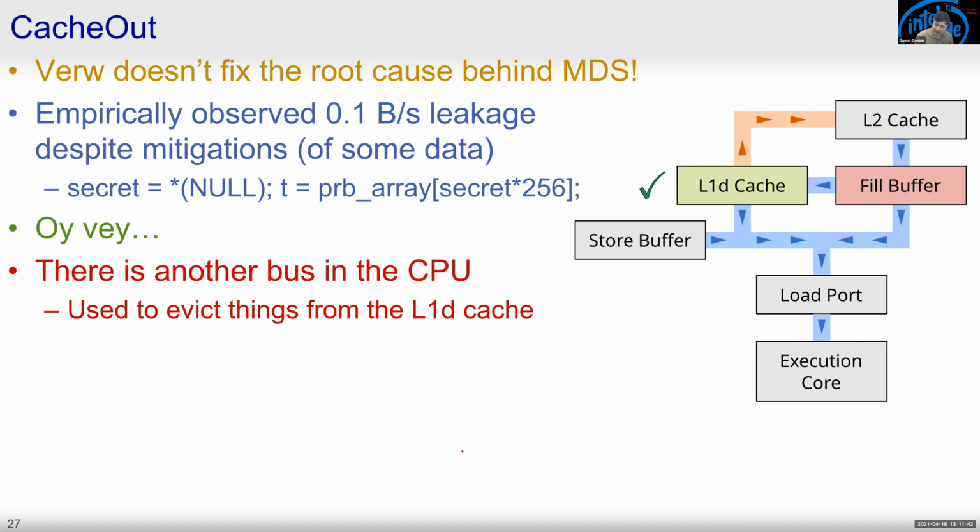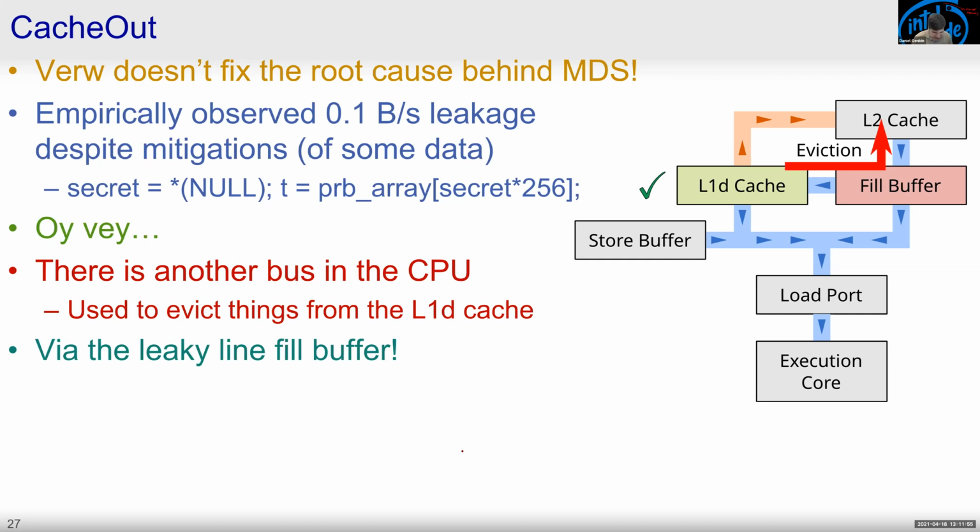In some corner cases, Intel uses the fill buffer as a way to drain the L1D. And this is weird because the fill buffer, as its name suggests, is on the intake side of the hierarchy. Why are we using the pipe used to fill the pool in a way that we are reusing it to drain the pool? It's already weird, but they did. And the fill buffer is also on very, very shaky grounds because we know it leaks from MDS.